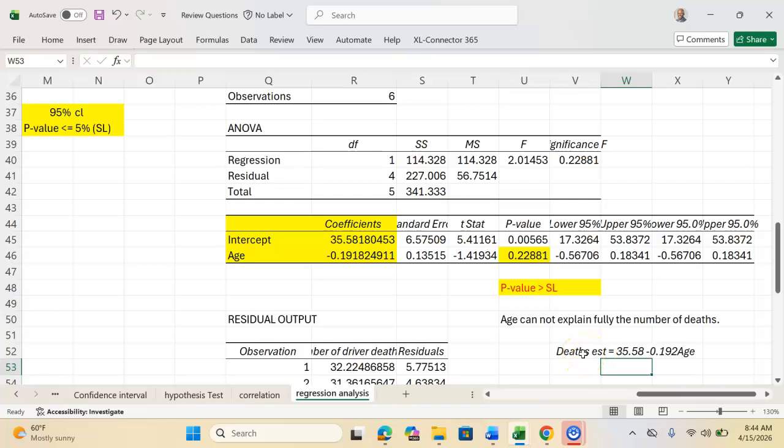As I said, if this was accurate, if this was significant, then we were supposed to write our model like this.